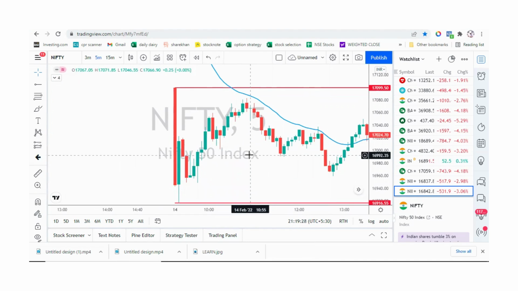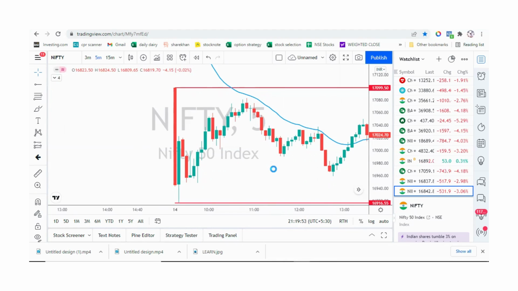A very simple strategy and very easy to follow, but we need to have patience because it has to approach. There should be a benchmark from where we can take a trade. Sometimes this 21 exponential moving average will act as resistance and sometimes as a support.